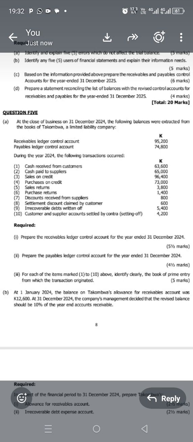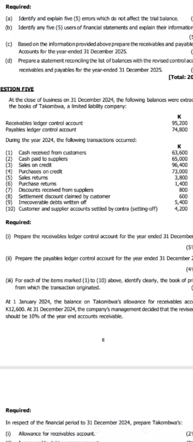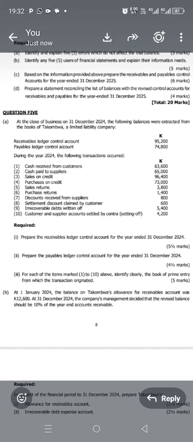So we quickly go to requirement number 1, as you can see. They are saying prepare the receivable ledger control account for the year ended 31st December. So how do we prepare this receivable ledger control account?